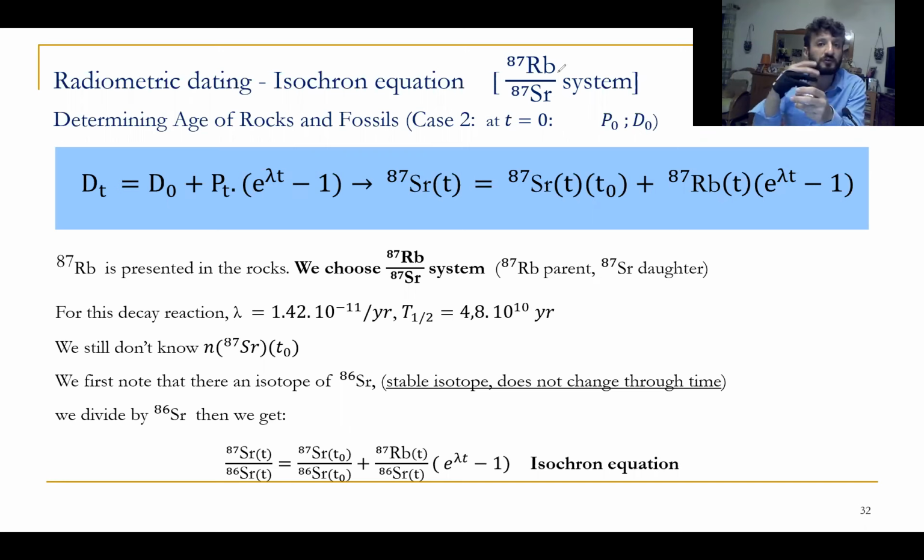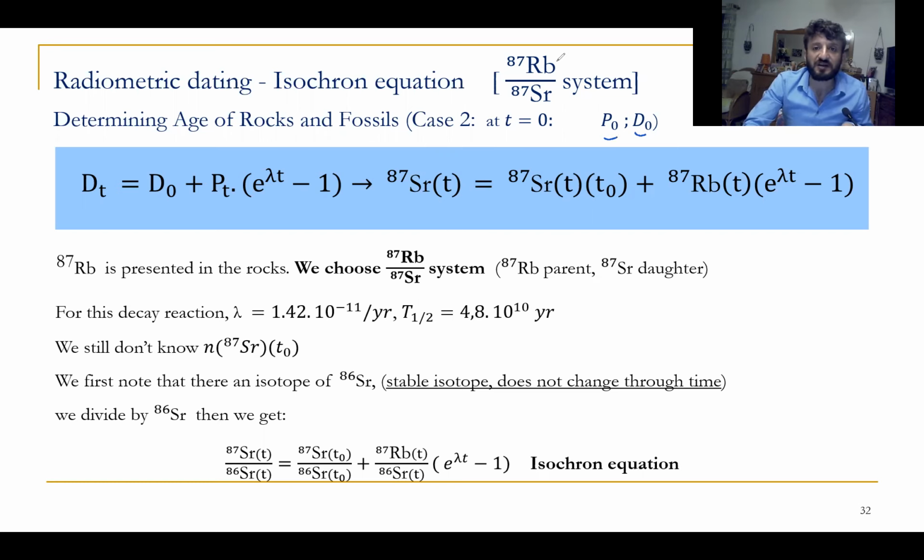Here also we have to take a ratio between one stable atom and one parent atom. So we take as a stable atom strontium 87 and as a radioactive atom rubidium 87. It's a system in the case of D0 and P0 at initial time. We can apply the Isochrone equation.